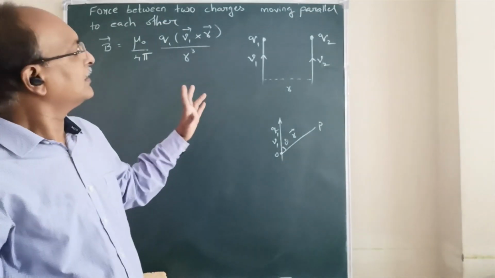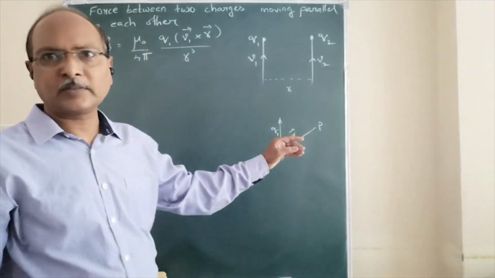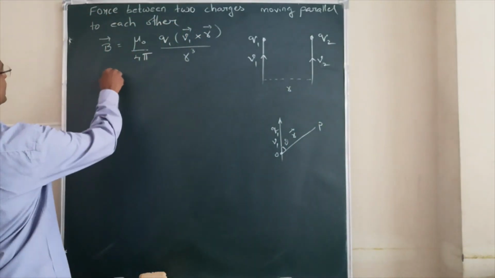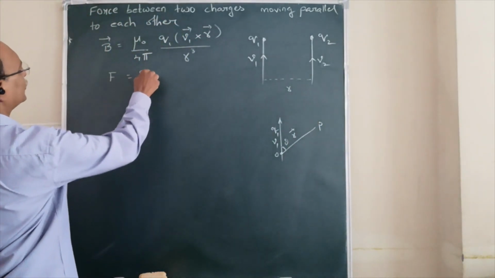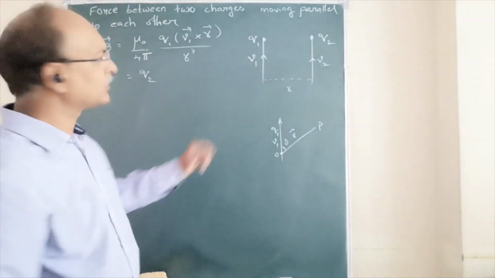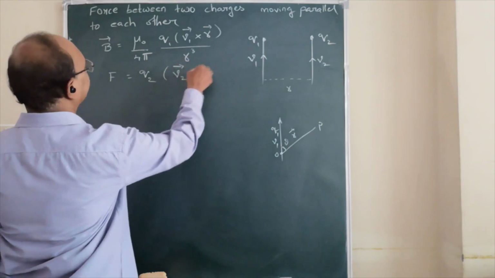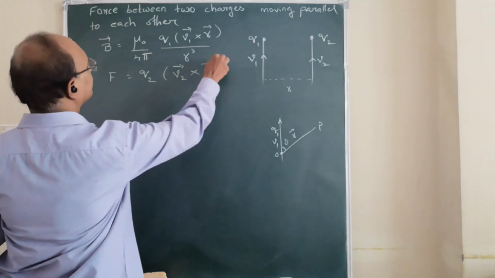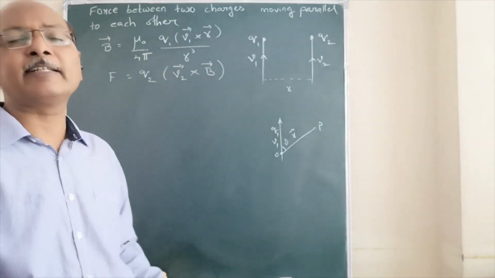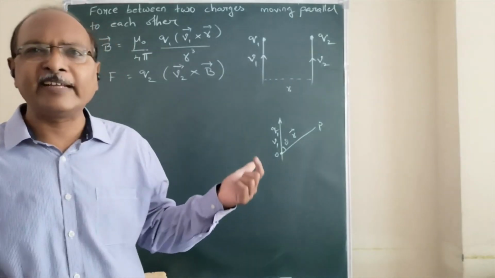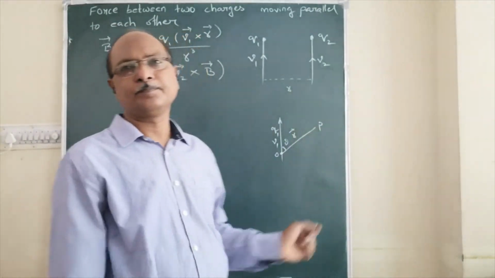Then a charge Q2 is moving in that magnetic field. So the force experienced will be Q2. Here second charge is Q2. So V2 is the velocity. So V2 cross B. So that is the force experienced by the second charge, which is moving with a velocity V2 in this magnetic field.